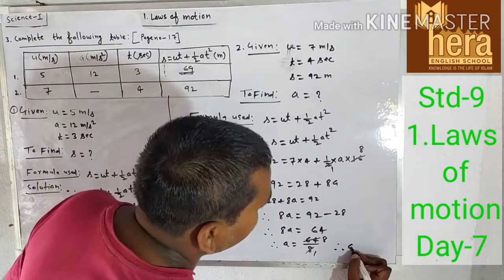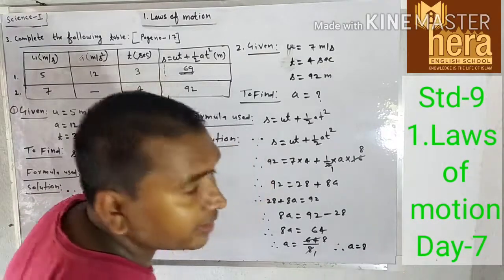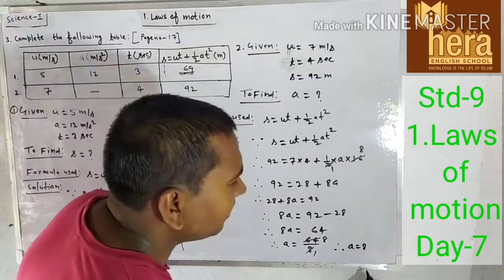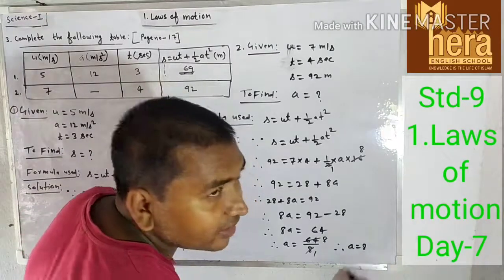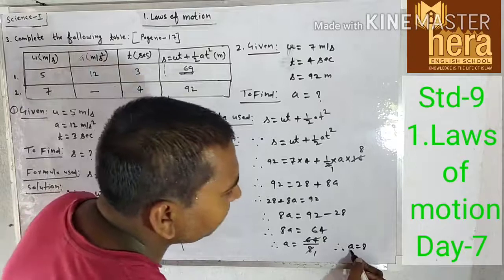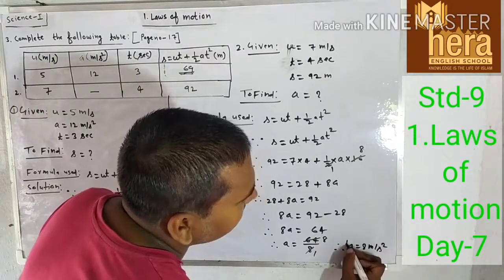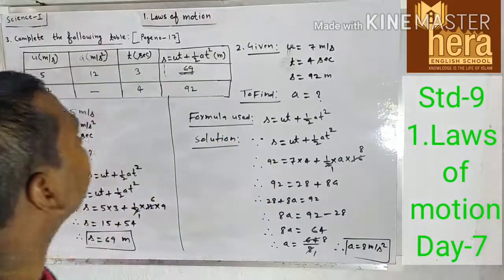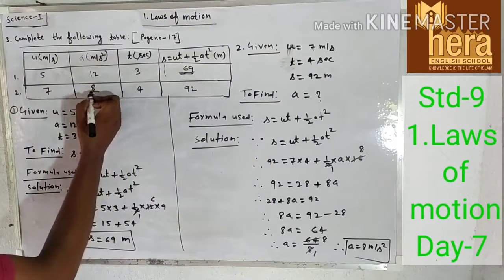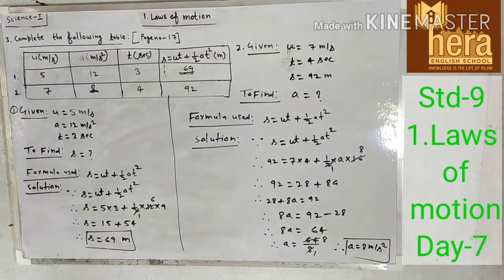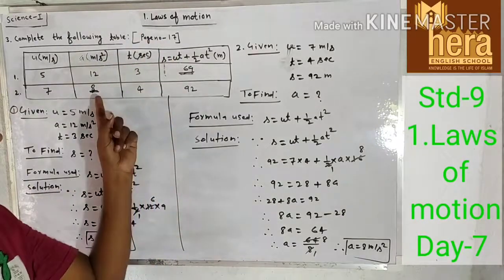Therefore, A is equal to 8. 8 what? You must write here its unit. A is the acceleration and the SI unit of acceleration is meter per second square. Okay, so here you have to write 8. So this way you have to solve. Don't write directly answer.